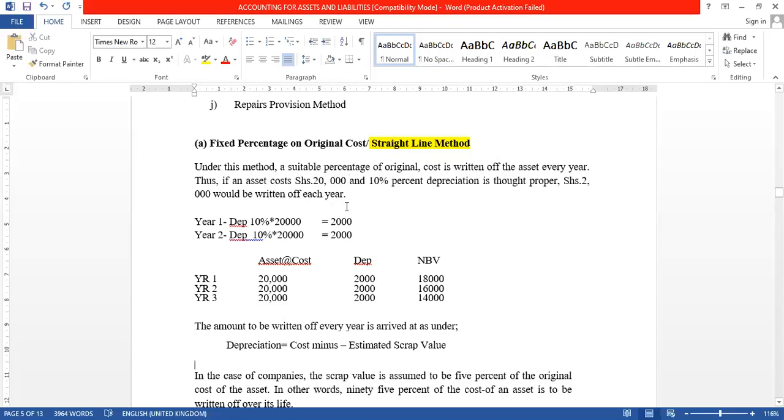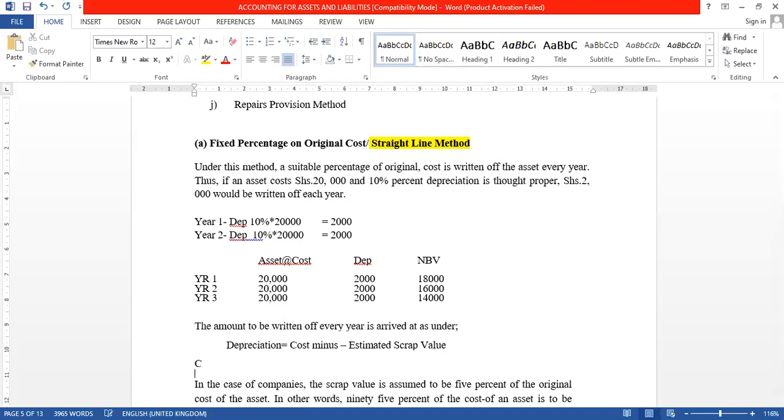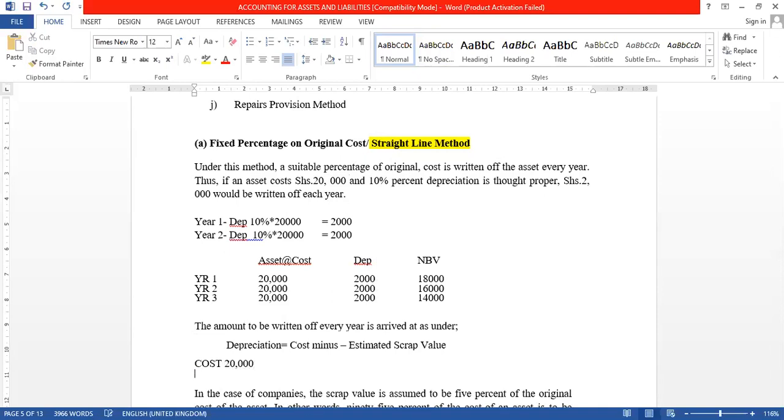You might be told that the cost is 20,000, and then that the scrap value or the residual value is, let's say, 2,000.